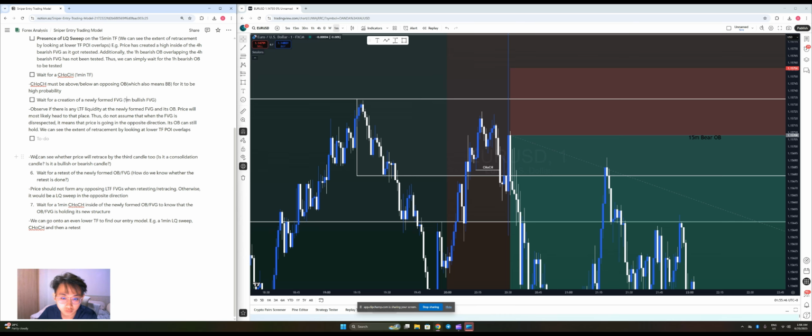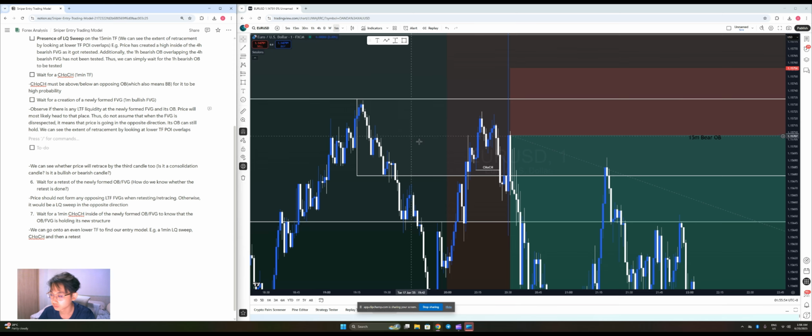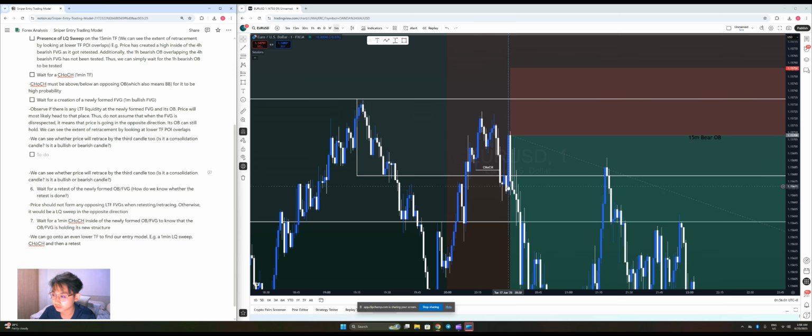Okay, we can see. Here also we can see whether price retraces. Okay, so the third candle here is a long wick candle. So most likely it's gonna retrace because you see a lot of bullish momentum, right? It's a doji, right? Yeah, and wait for retest.